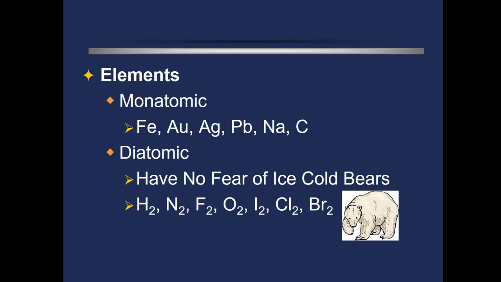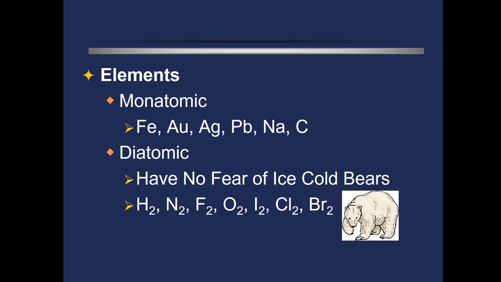Let's first look at monatomic elements. When you look at the elements, the capitalization is important. If the symbol of the element has just one letter, then it's just a capital letter. If it has two, notice that it has a capital letter and then a lowercase letter. These are some unique abbreviations because the symbols come from their Latin or ancient name.